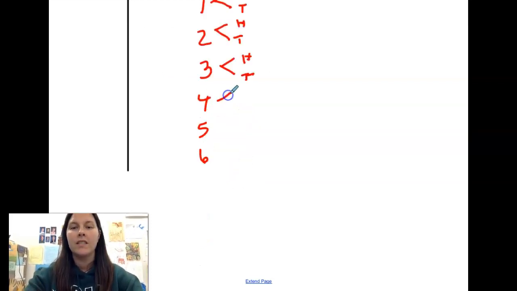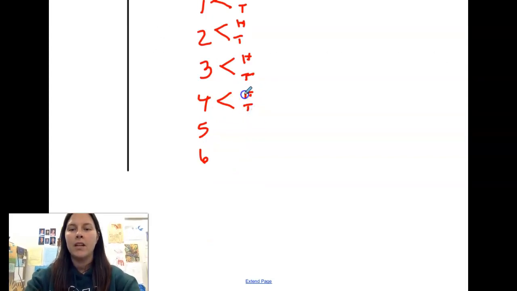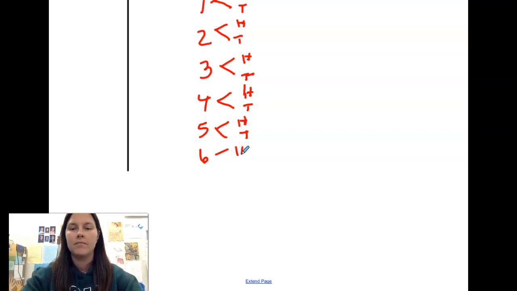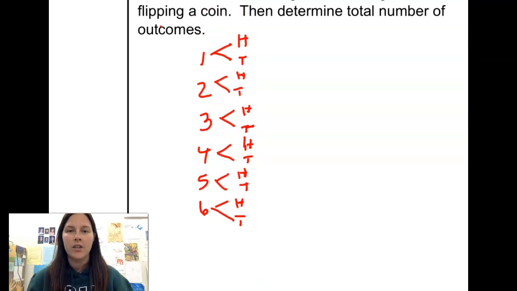And of course, the same thing could happen if we roll a 4, a 5, or a 6. So there's the tree diagram for our event, which was rolling a die and then flipping a coin.